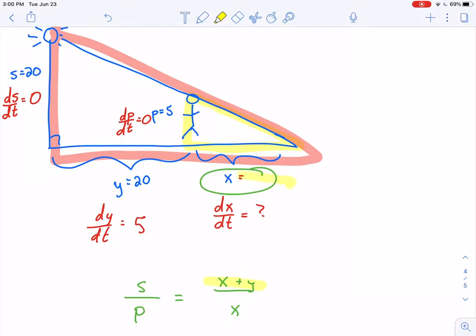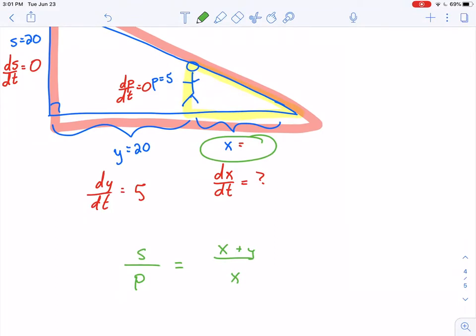Now I have the horizontal side of the bigger triangle, of that red triangle, divided by the horizontal side of the smaller triangle, of that yellow triangle. So all I did here was set up a proportion.